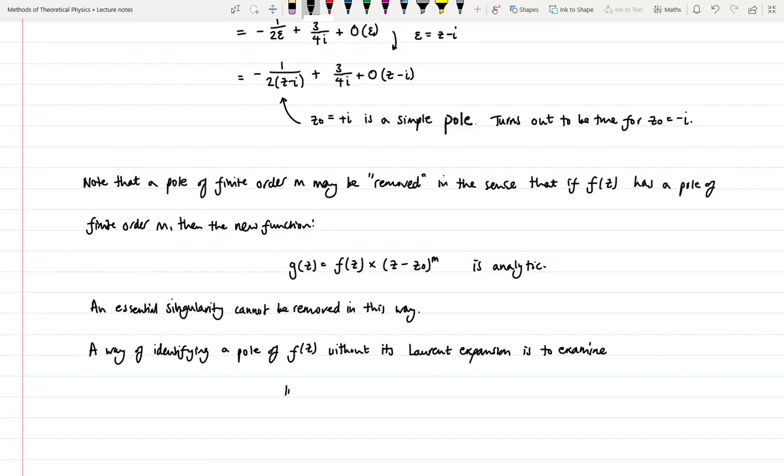The limit as z tends to z naught of z minus z naught to the n times f of z for various positive integers n.